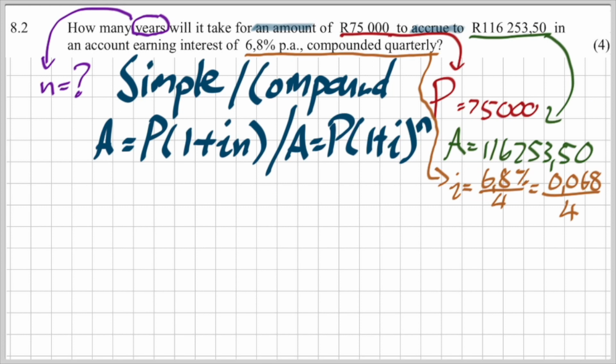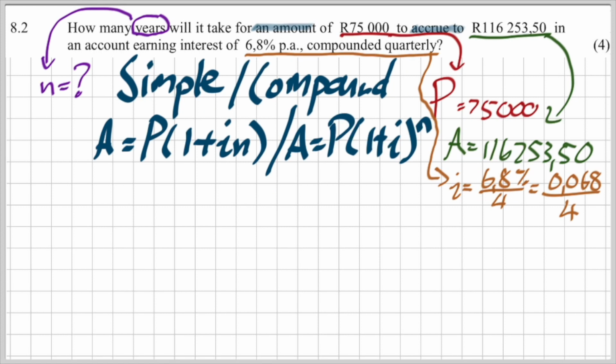You can put this in your calculator and get a value of, I think, 0.017. Let me do my maths quickly. Yes, 0.017. But please don't worry about that. I would literally leave it in fraction form.